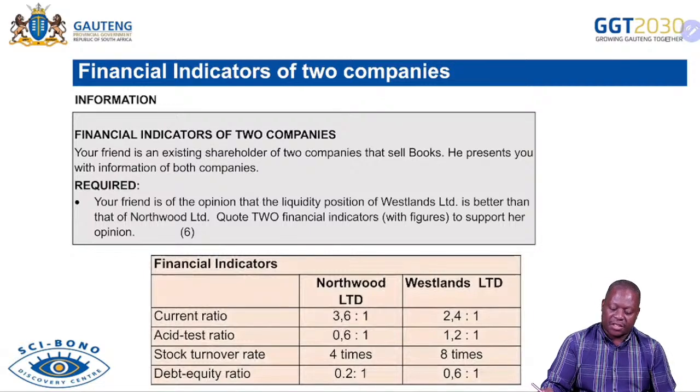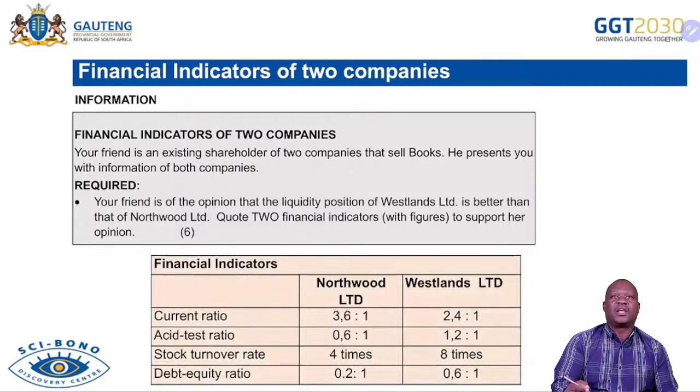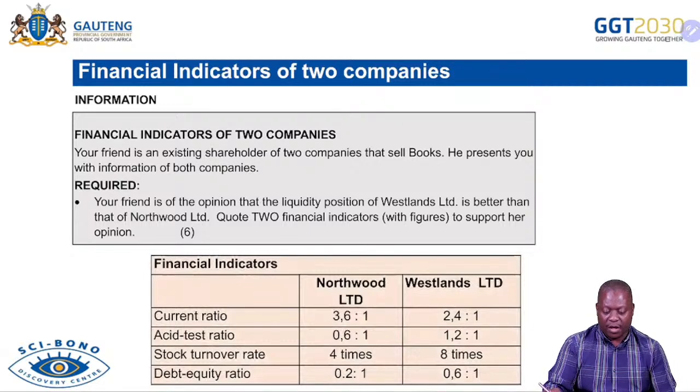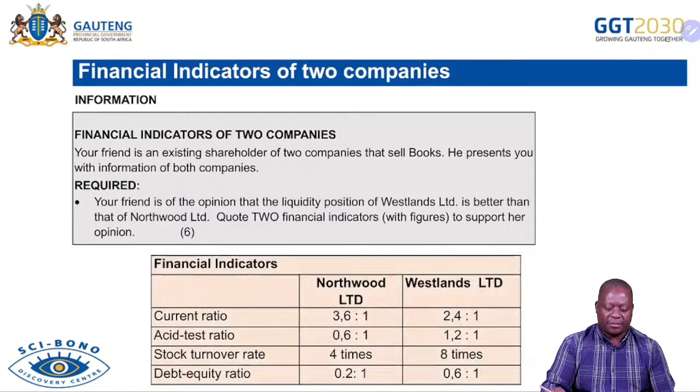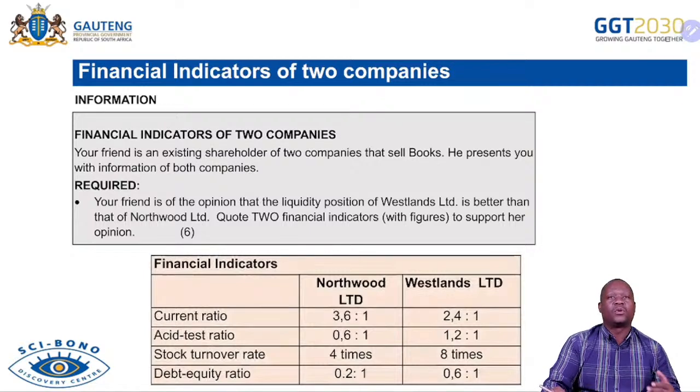And then acid test ratio, 1.2:1 for Westland and 0.6:1 for Northwood Limited. Stock turnover rate, Westland 8 times, Northwood 4 times.